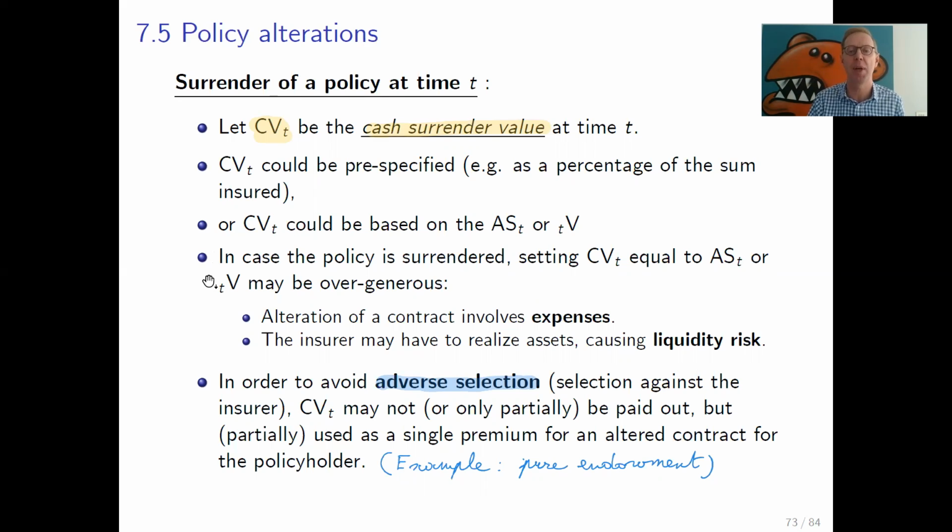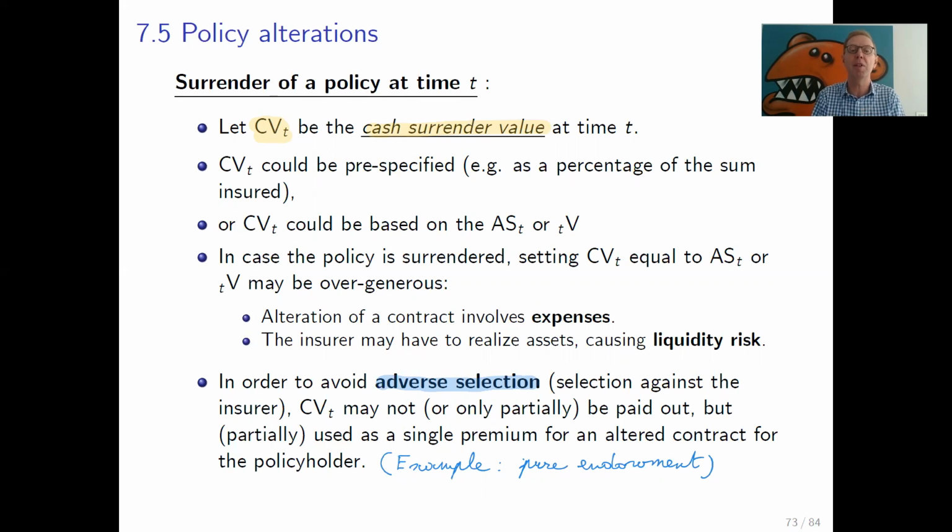In case the policy is surrendered, setting CV_t equal to asset share or policy value may be overgenerous for several reasons. Alteration of a contract involves expenses, of course, so you will have to pay something for the expense related to transforming or stopping your contract. Further, if the contract is surrendered, the insurer may have to realize assets. There is an amount of money available for you.